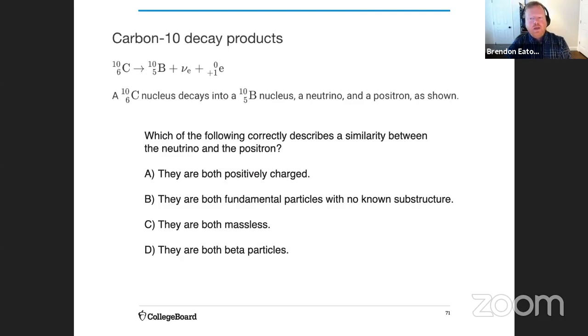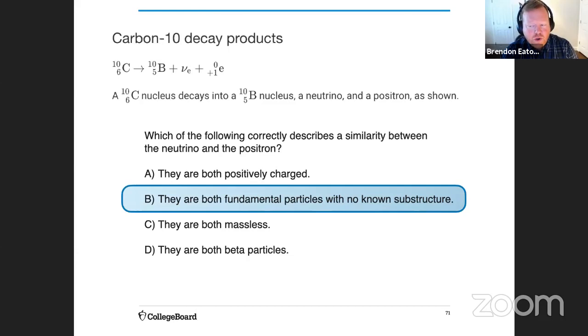So I bet you, I'm not going to know if they're positively charged. I don't know if they're massless, and I don't know if they're beta particles. I know what a beta particle is. That's just an electron. So answer choice B is going to give me the right answer for this one, because they're both fundamental particles with no known substructure, pieces that are smaller than a neutrino or a positron.